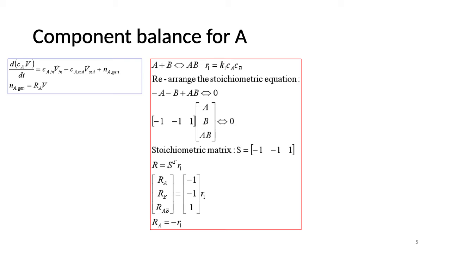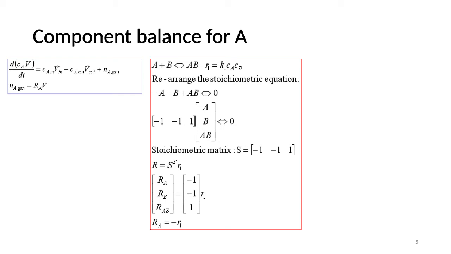Then I can put the stoichiometric equation in the matrix form. The matrix that represents the stoichiometric values is called the stoichiometric matrix. The rate of generation of components per volume is given by capital R and it is equal to the transpose of stoichiometric matrix times the rate of reaction, simple R1.